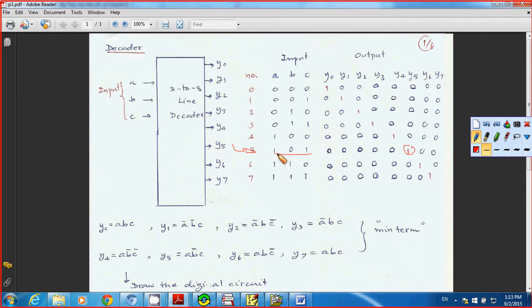So when you're talking about a min term, you can write Y5 in terms of ABC as A, and then B bar or B complement, and then C. So I have A, B complement, and C. This is my Y5. That's when you're talking about a min term.